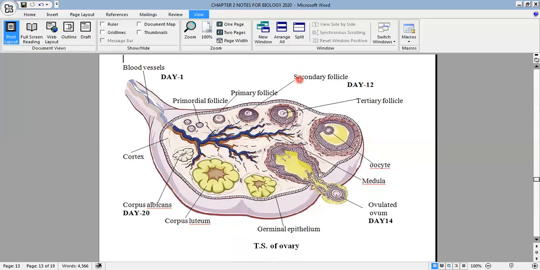Then you say that it is a secondary follicle. Now this secondary follicle enters meiosis 1. When the secondary follicle enters meiosis 1, a primary oocyte gets converted into a secondary oocyte. When the secondary follicle with secondary oocyte enters meiosis 2, then meiosis is not complete. It is arrested at metaphase.